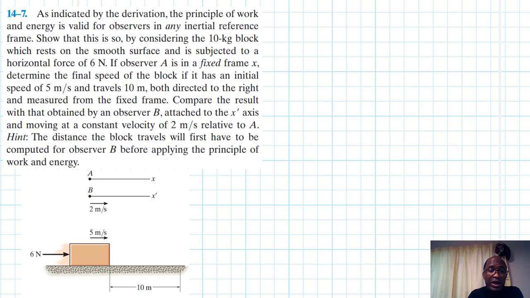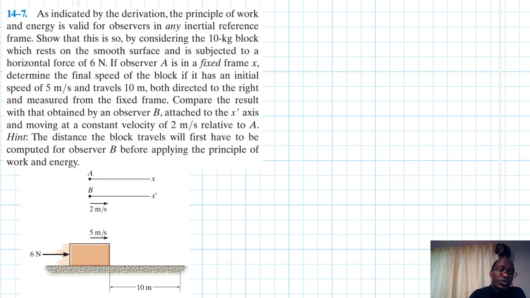If observer A is in a fixed reference frame, X, determine the final speed of the block if it has an initial speed of 5 meters per second and travels 10 meters, both directed to the right and measured from the fixed frame.